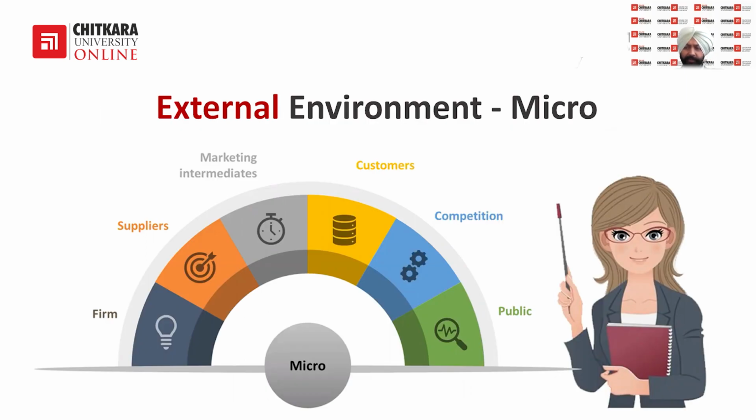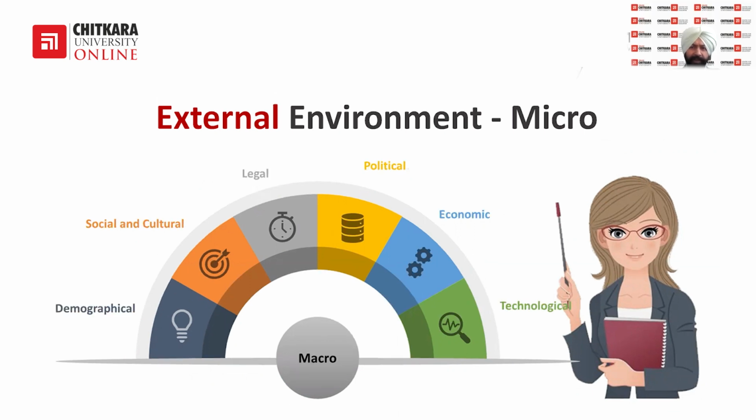If I talk about the external micro environment, we have the firms, suppliers, market intermediaries, customers, competition, and the public. And in the external macro environment, we have the demographic, which is the size of population and various groups within the population, and social and cultural, legal, political, economic, and technological.